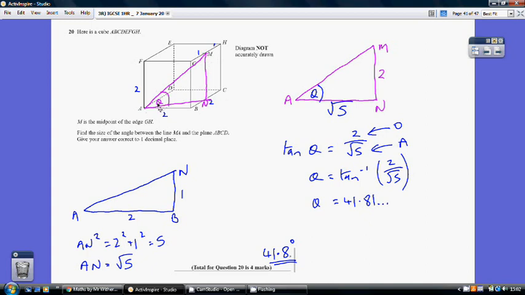That's the size of the angle between MA and the plane ABCD. So this is the angle I need to work out.